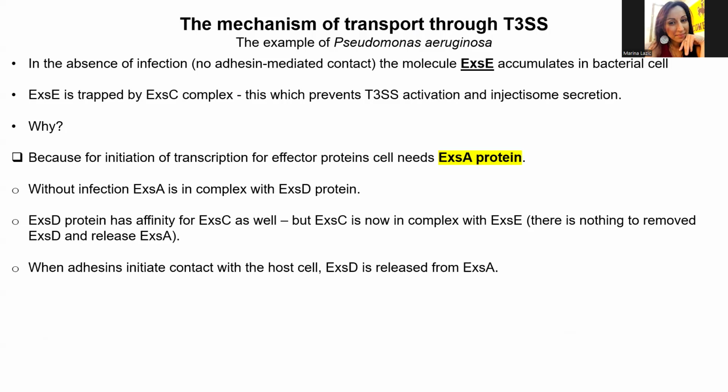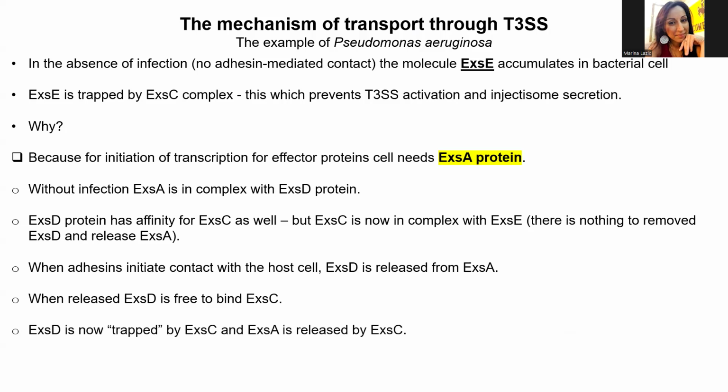I have to leave. So now D is released from A, and that happened when adhesins got synthesized. Now XD goes to XC and says, hey, I have affinity for you. Let's get back together.